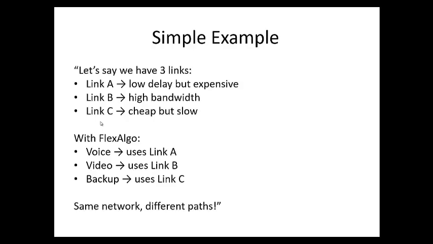These are all three different options we have in our network. Now, what can this flex algorithm do? It can provide link A for voice, because though it is an expensive link, voice packets are tiny, so they won't consume much bandwidth. At the same time, low delay, so your voice can reach on time.